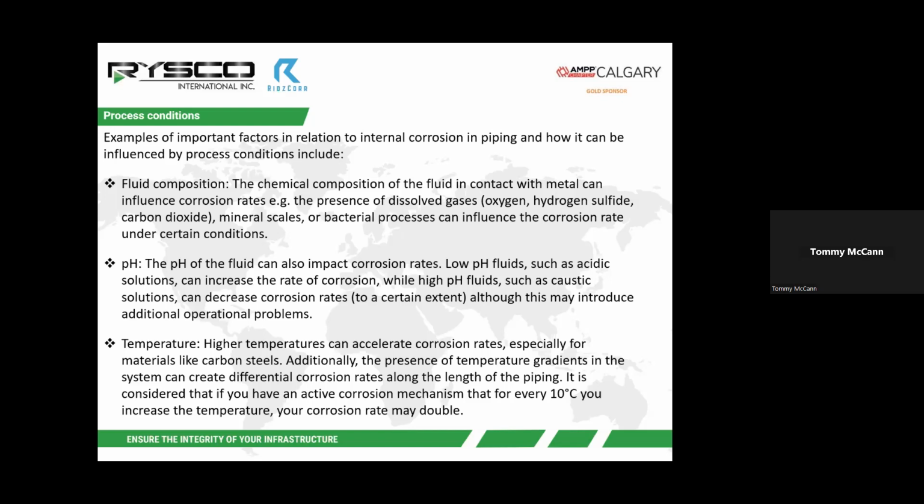If you increase it by 10 degrees C, it's considered that could have an effect where you double your rates. So if, worst case scenario, you already have a very severe rate, that would be a very bad situation.